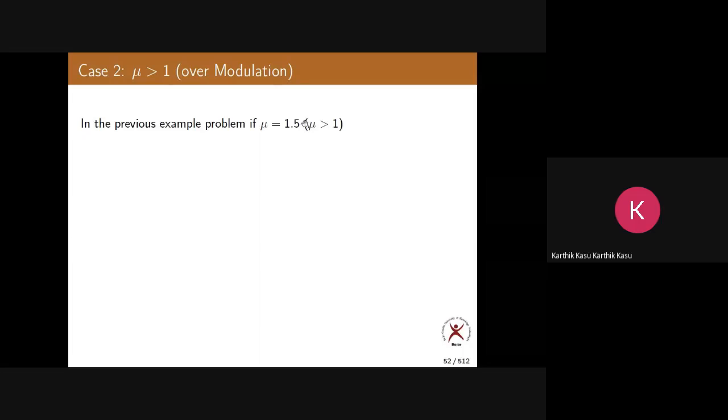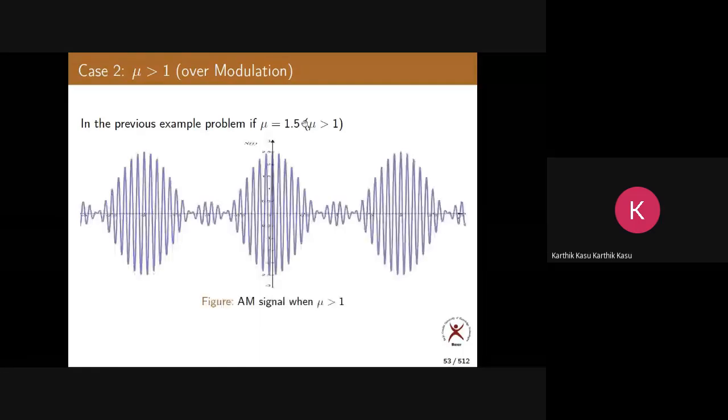Now, this is how the AM signal looks. This is the AM signal when mu is more than 1. Specifically in this case, mu is 1.5, which is more than 1. So this is the AM signal when our modulation index mu is equal to 1.5, that means it is greater than 1.